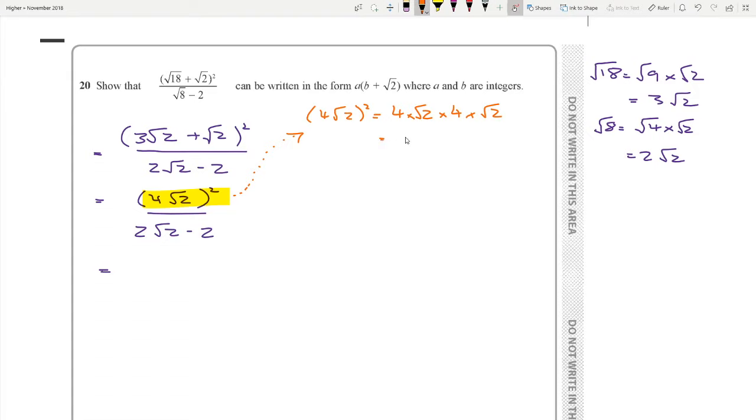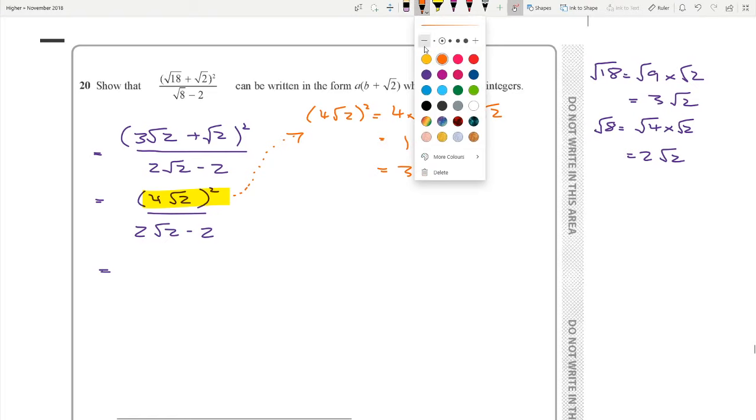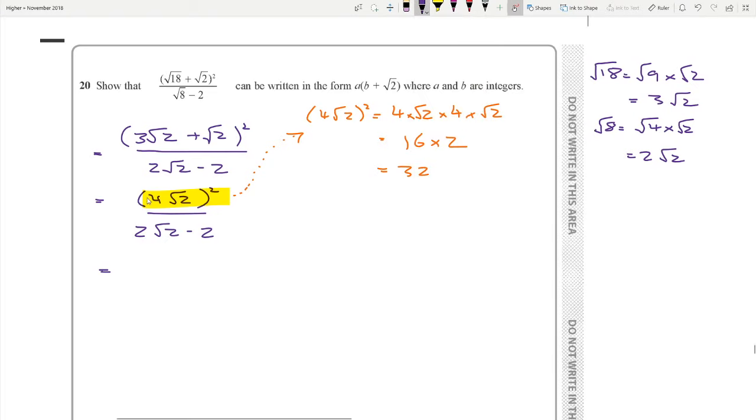Well, 4 times 4 is 16, multiplied by root 2 times root 2 is 2. 16 times 2 is 32. Okay, so the numerator here, 4 root 2 all squared, simplifies down to just 32. Divide all that by 2 root 2 minus 2. Okay, so we've done the simplifying now.